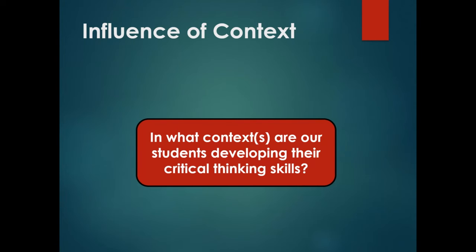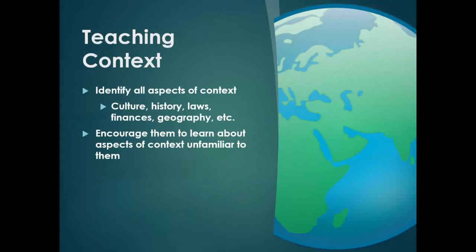All these contexts are relevant, and they're certainly far, far more. But if we're going to ask our students to identify context, we better be able to do it for them as well.